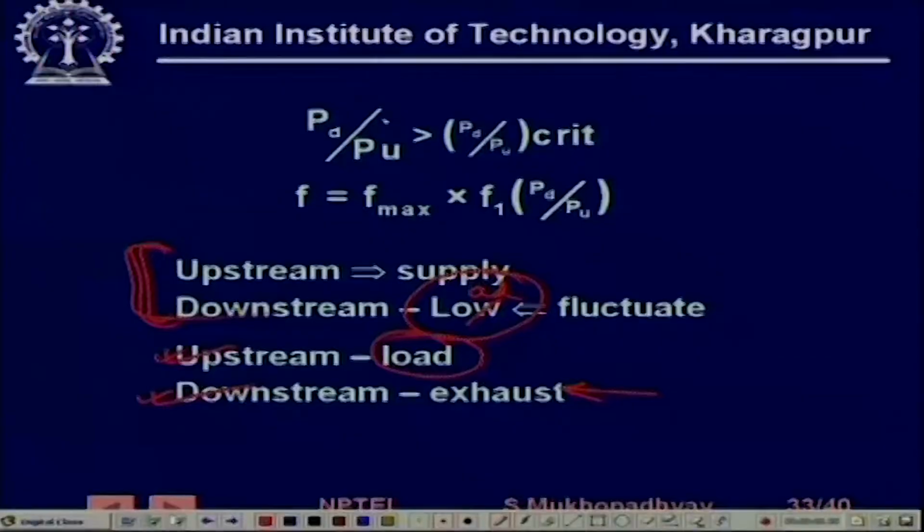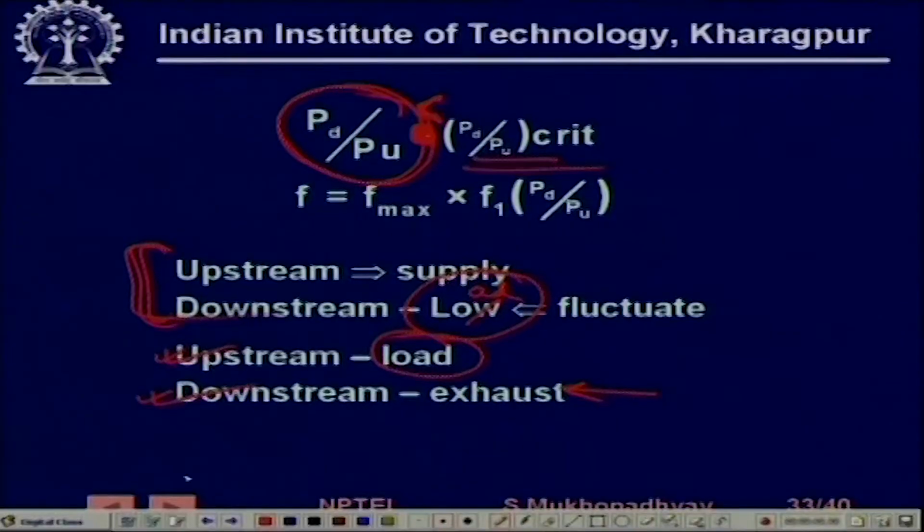So in such cases, if you want to have a constant flow characteristic, then you should maintain this PD by PU ratio beyond a critical value. Actually, it should be less than a critical value, not greater than. This greater than is wrong.